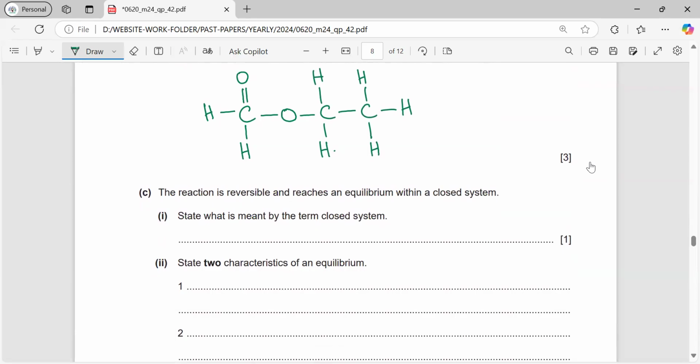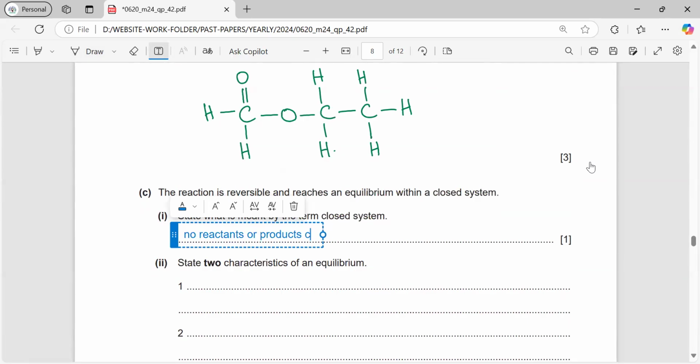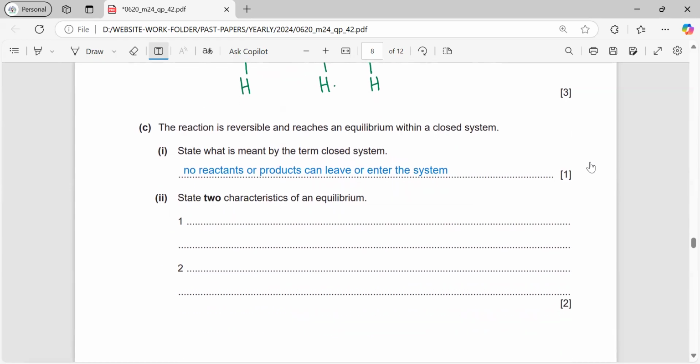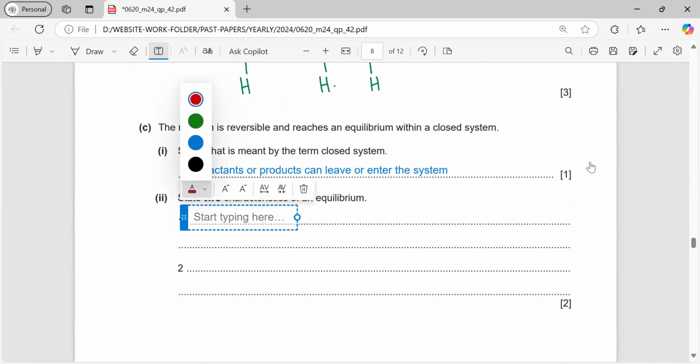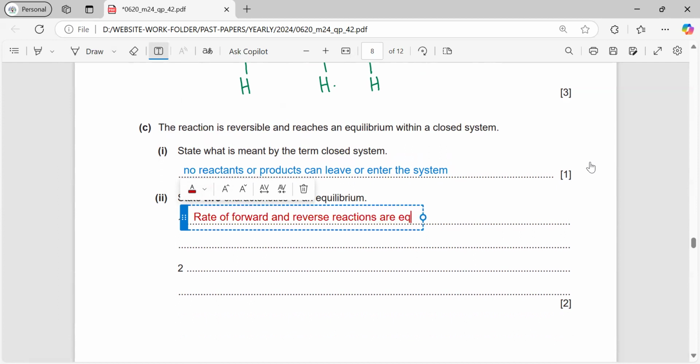The reaction is reversible and reaches equilibrium in a closed system. State what is meant by the term closed system. The closed system is the system in which no reactants or products can leave or enter the system. State 2 characteristics of an equilibrium. First, the rate of forward and backward reactions are equal.